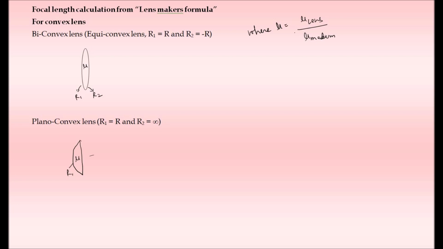So if I write mu, it means mu lens divided by mu medium. First is the biconvex lens, and if it is an equiconvex lens, then R1 is equal to R and R2 is equal to minus R, that is, the radii of both sides are the same.